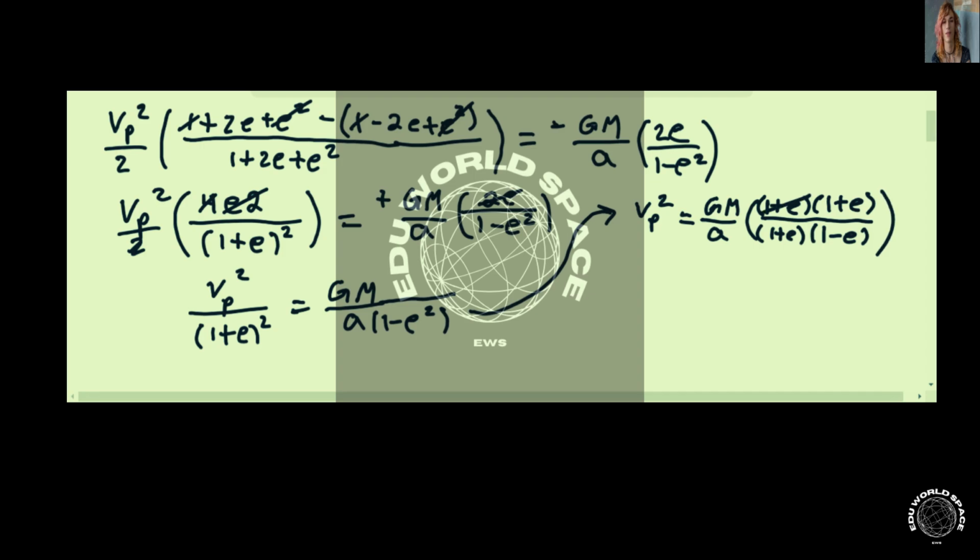So now one factor of 1 plus e goes away, and I'm left with exactly the formula that we were trying to derive. VP squared equals gm over a times 1 plus e over 1 minus e.